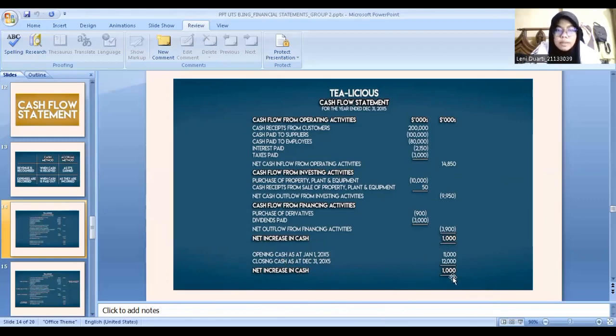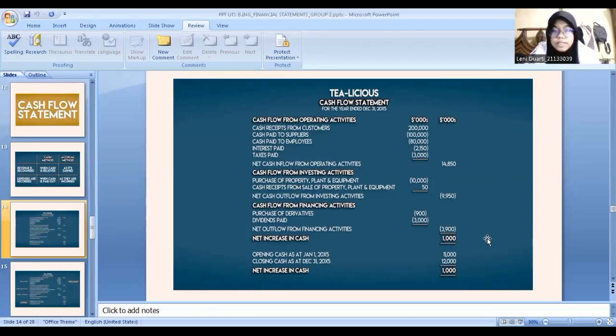We get these numbers from the balance sheet. Delicious started out with $11 million and finished up with $12 million. So overall, that's a net increase in cash of $1 million.